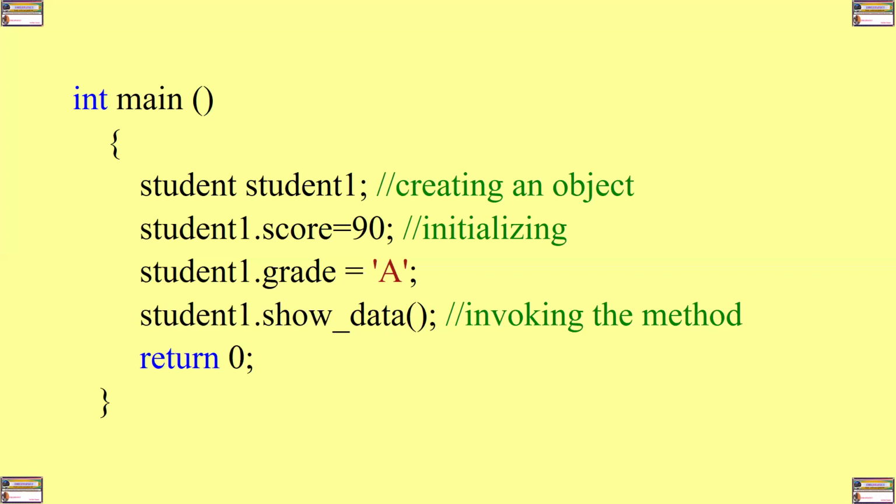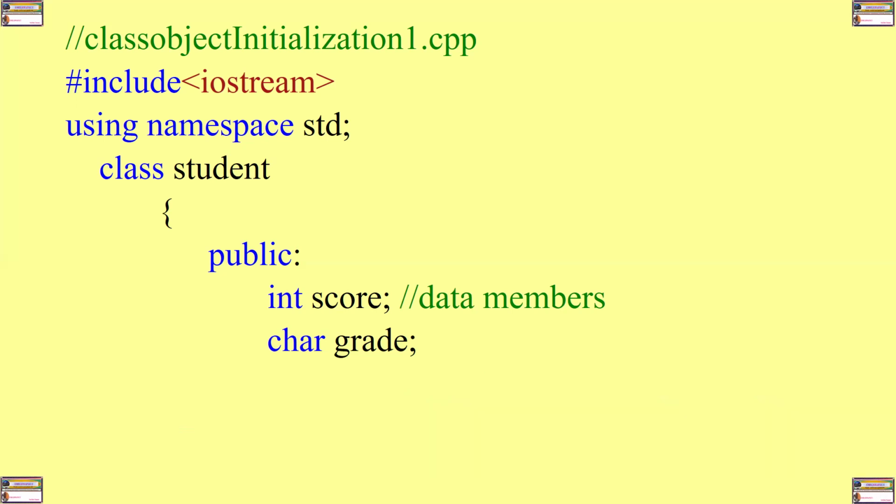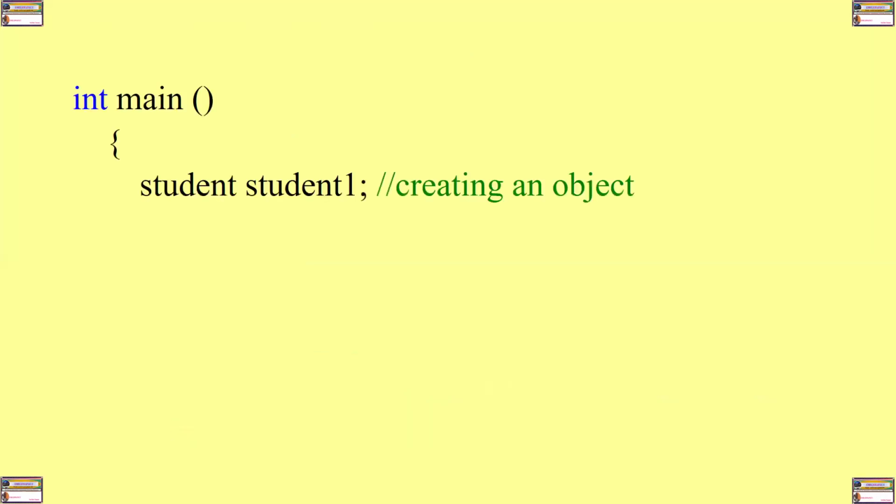Here, you are defining the class. If you have a function that is a prototype, you define it. Then under main, you remember to create an object to be used to manipulate the class.